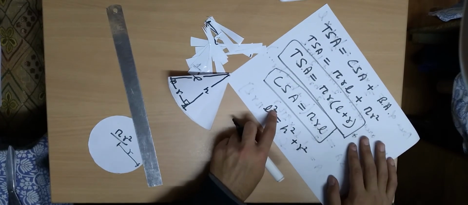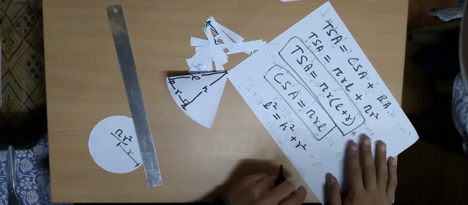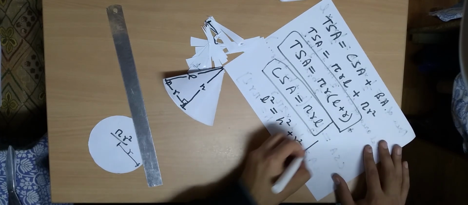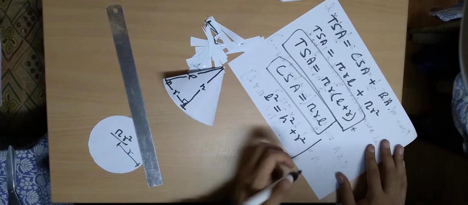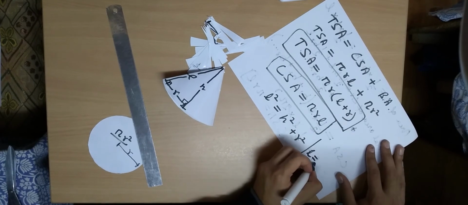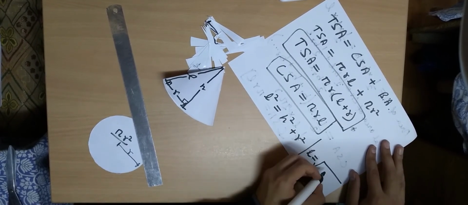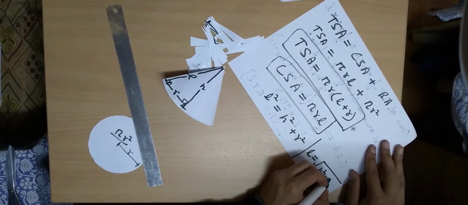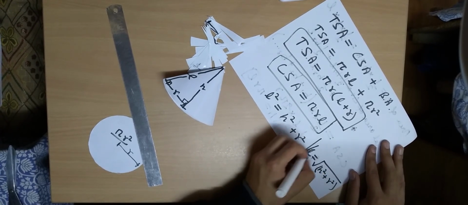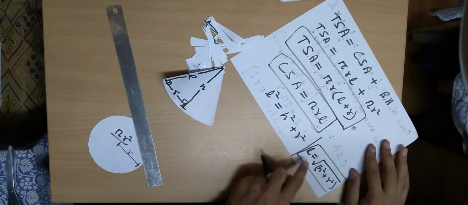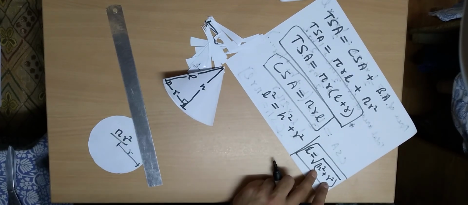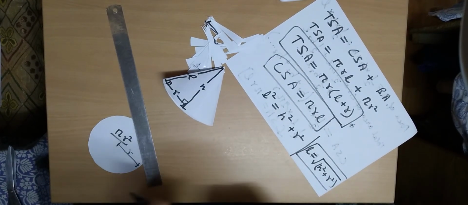Or I can just shift the square from that to this, and what I end up getting is L equals under root h square plus r square. And that is how you find the slant height if you've been given the height of the cone and the radius of the cone. That's it for this video.